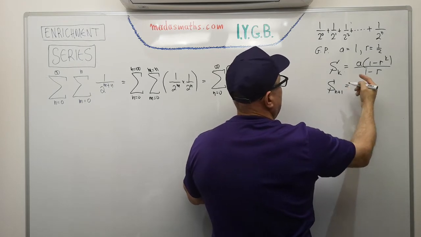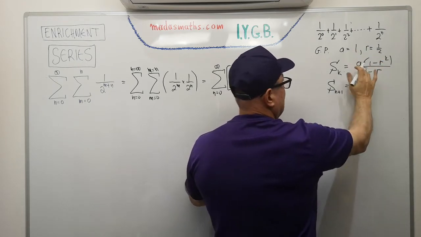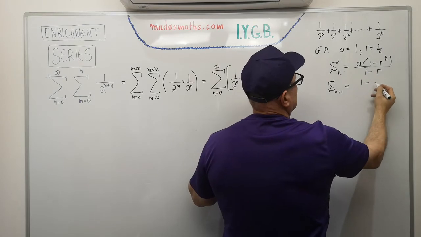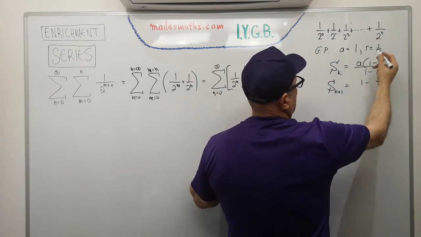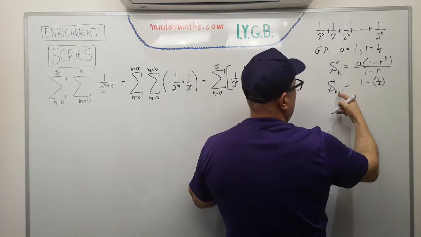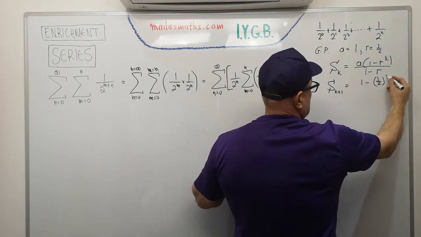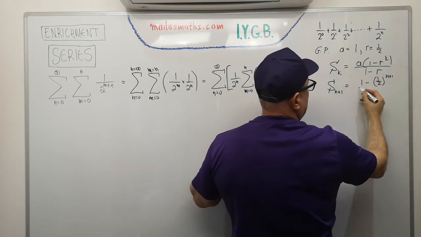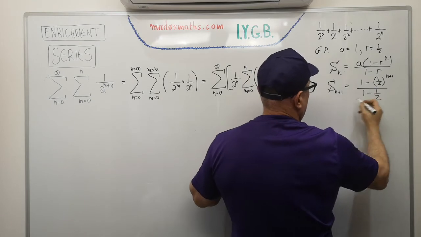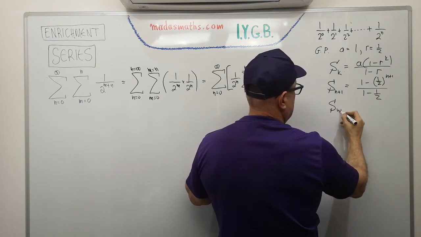is equal to a, which is conveniently 1, I'm not going to write it, 1 minus a half, the common ratio, to the power of n plus 1, divided by 1 minus a half. Simplify this a little bit better.